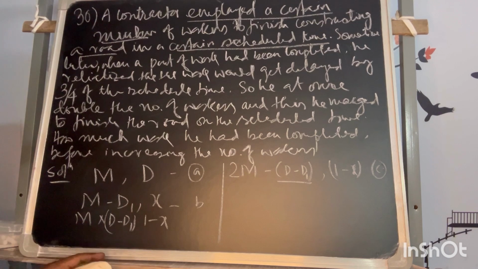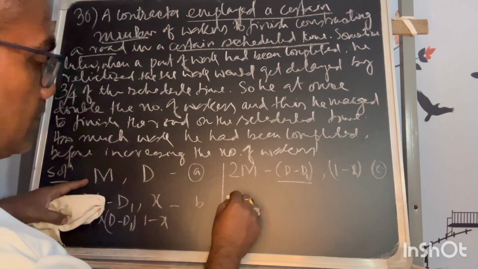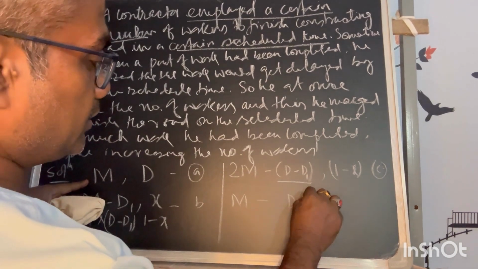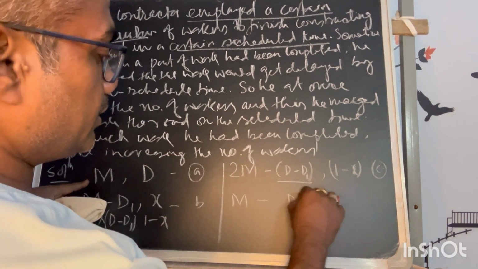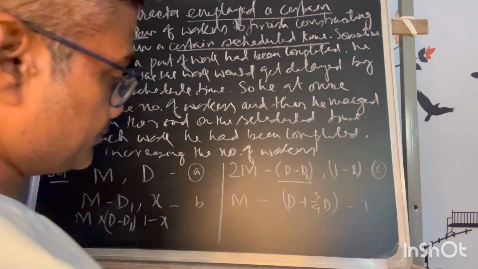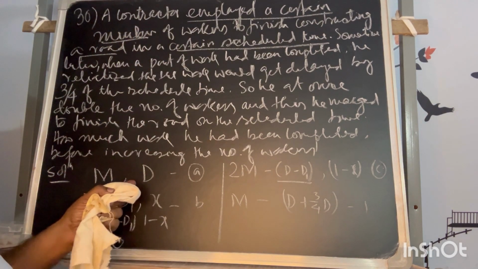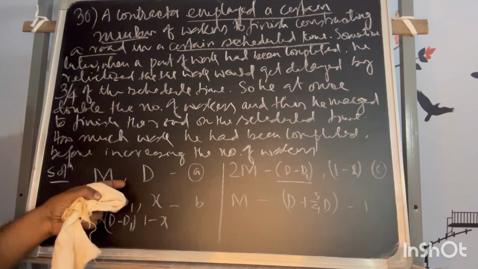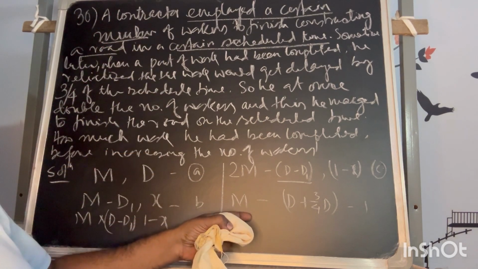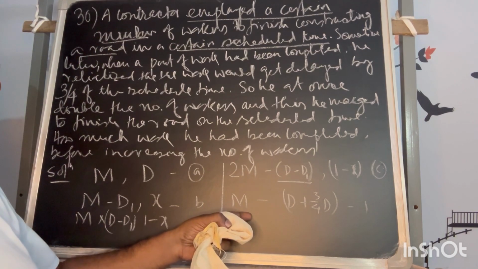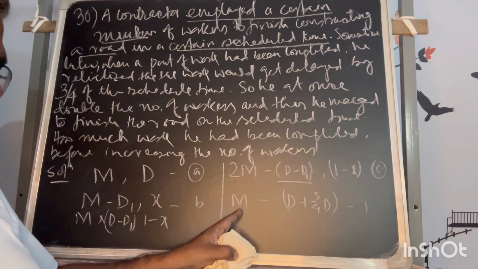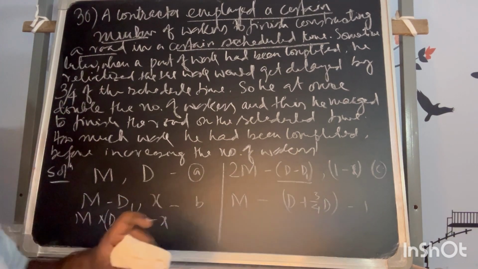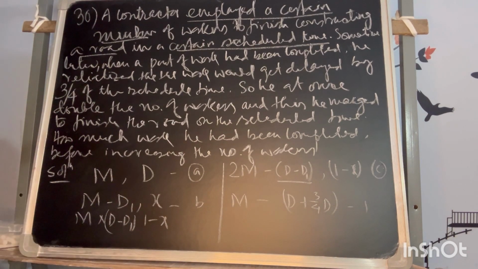Otherwise, with the same manpower M, he would have done the complete job in D plus 3/4 of D time. So the initial assumption that with M manpower and D time he can complete goes wrong. The actual target should have been calculated before starting with M manpower in this many days. So these are the scenarios.